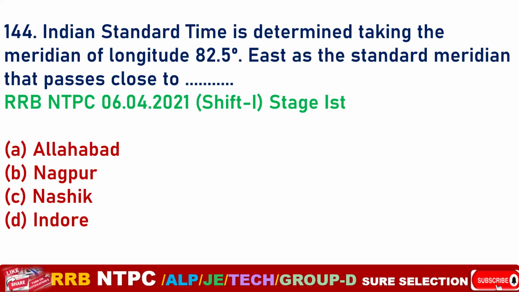The Indian Standard Time is determined taking the meridian of longitude 82.5 degrees east as the standard meridian. So the next chapter, the third point, is longitude.